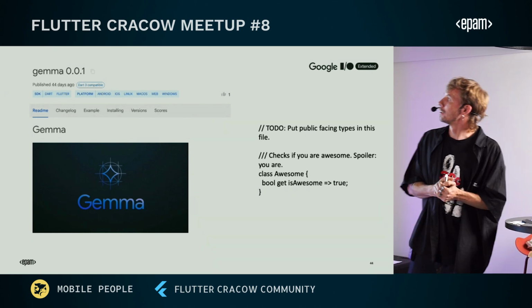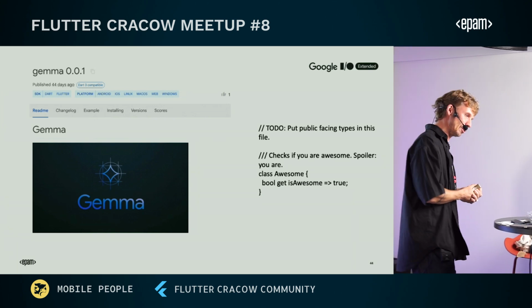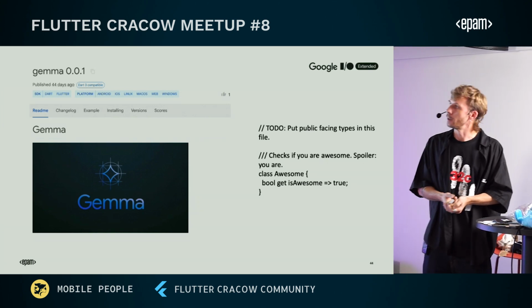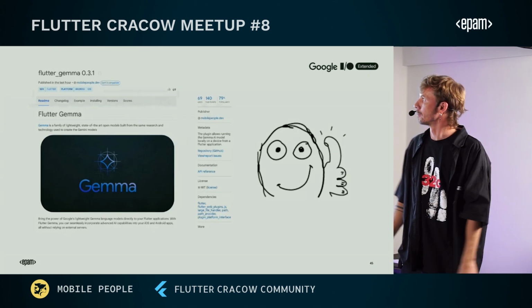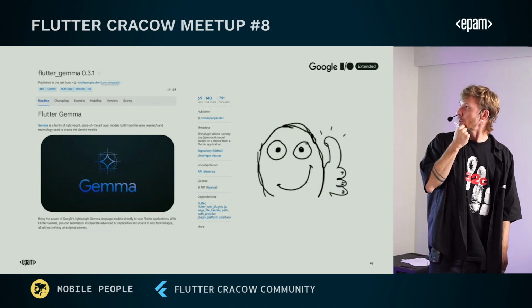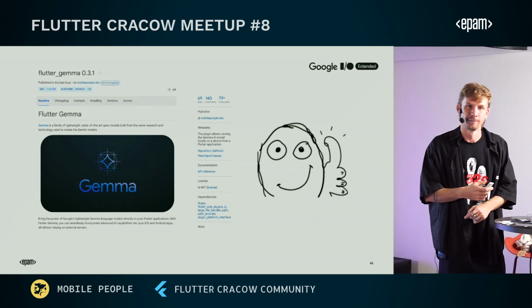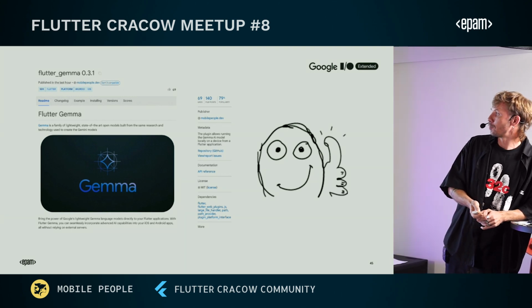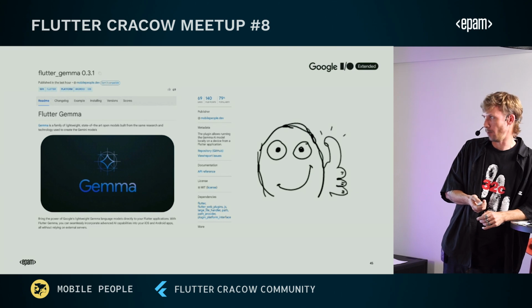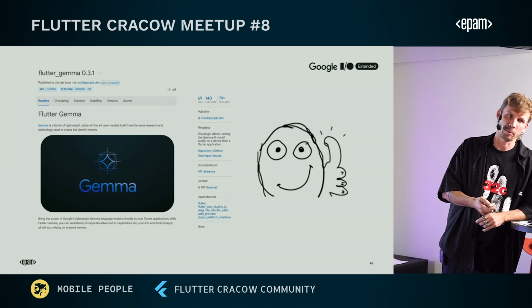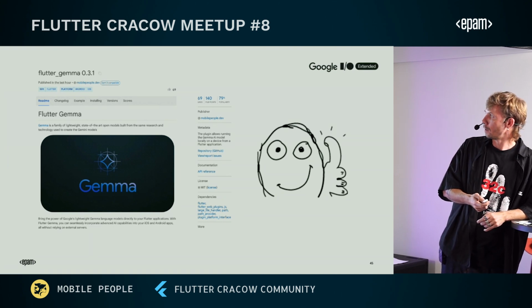Okay, looks like the plugin is not very useful. So I created my own. Now it's version 0.3.1. I published this version two days ago in the morning. Basically, it does the same as implemented by the Google MediaPipe SDK.